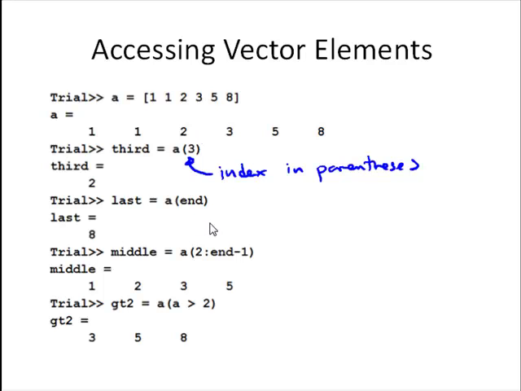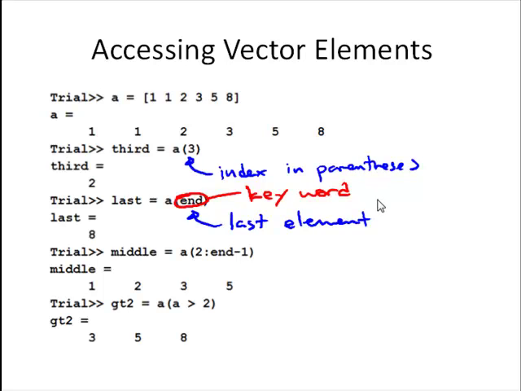There's a special one for the last element that uses the keyword end. So the end, that's a key MATLAB keyword, and that always means the last element in the array when you use it in an index. So we can use that to access the last element.